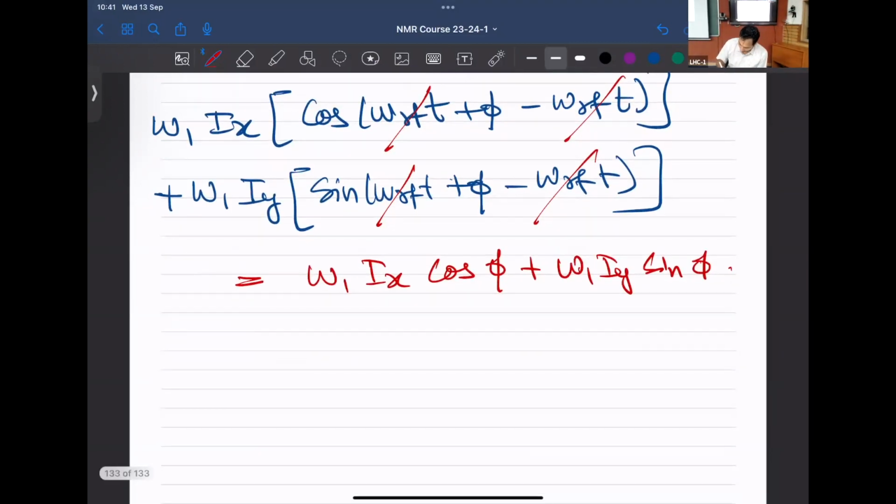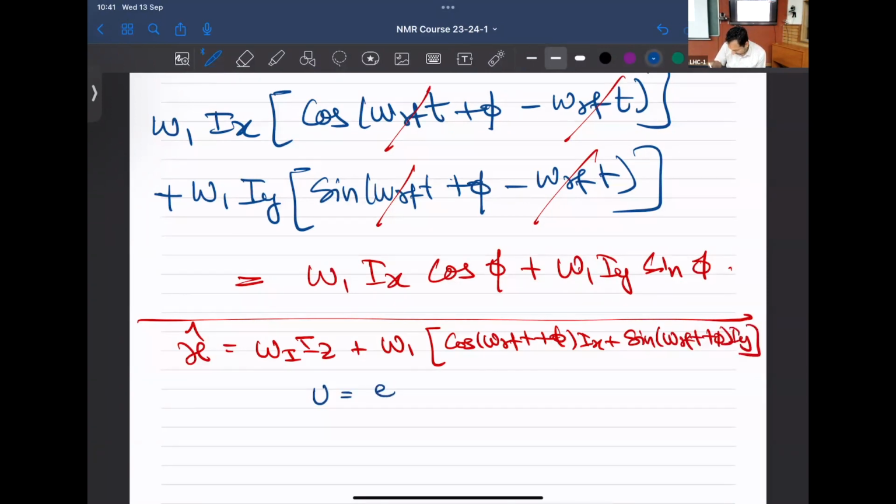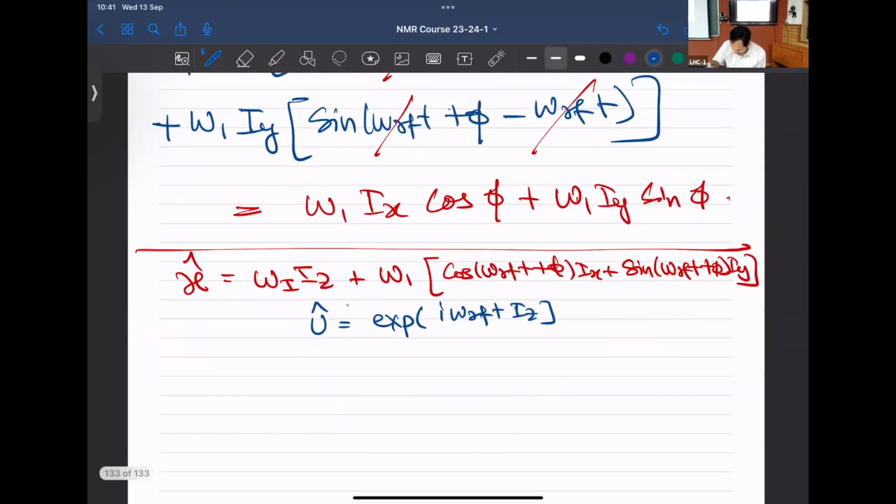So therefore, let's see the final outcome. If you started with the Hamiltonian, which is omega Iz plus omega 1 times cos omega r of t plus phi Ix plus sine omega r of t plus phi Iy. If you apply the unitary transformation of exp I omega r of t Iz, then what is the transformed Hamiltonian?